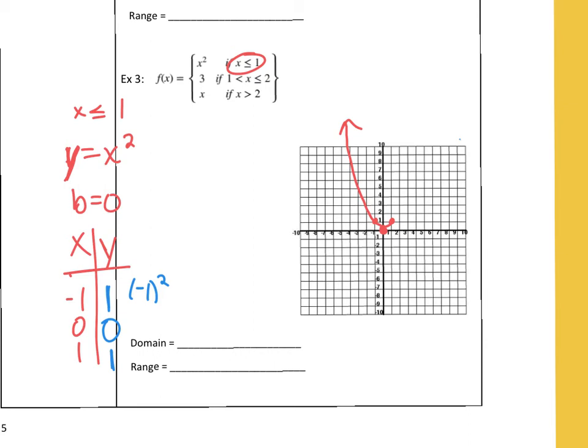Our next piece of this is y equals 3 if x is between 1 and 2. So we can think back to what that's going to look like. It's going to look like a line what? Segment. Okay.